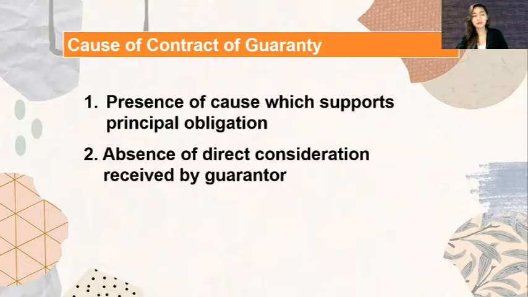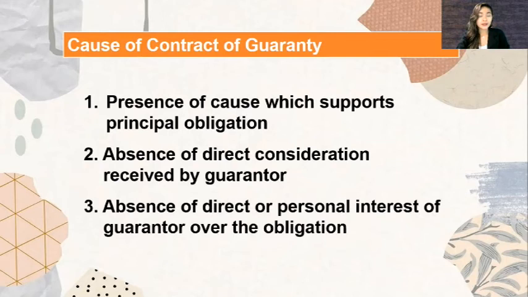Another one is the absence of direct or personal interest of the guarantor over the obligation. The guarantor or surety becomes liable for the debt or duty of another, although he possesses no direct or personal interest over the obligation, nor does he receive any other benefit therefrom.